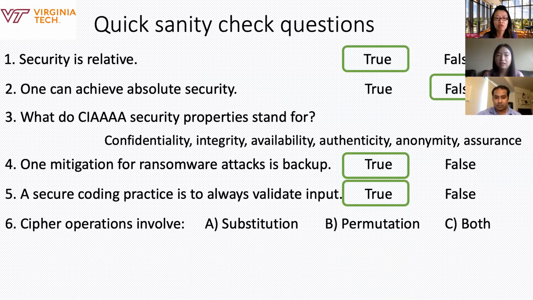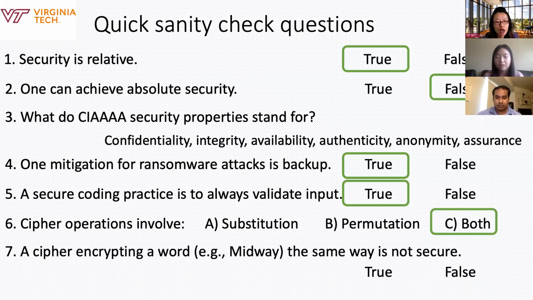Cipher operations involve A, substitution, B, permutation, C, both. Both. We explained that you have to do both types of operation to make your cipher text look as random as possible. Otherwise, it's very predictable.